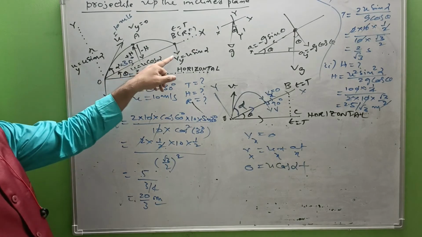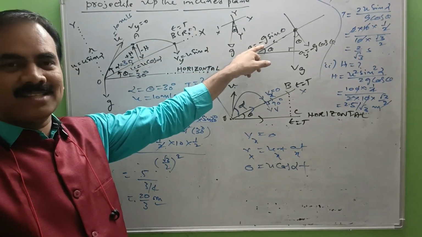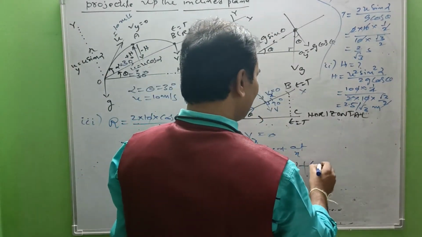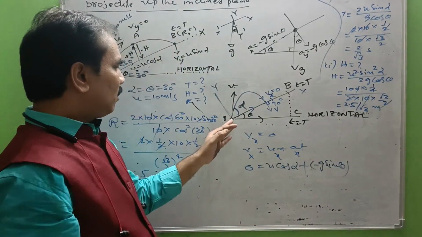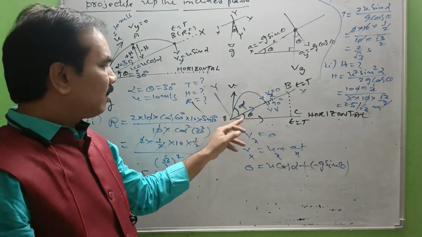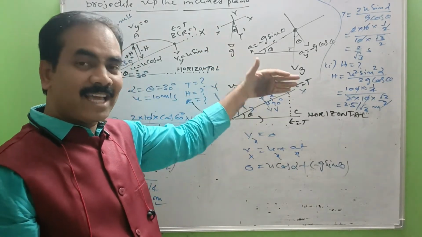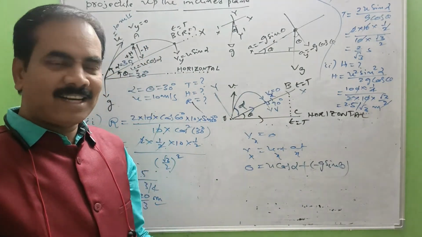As in the previous case, ax is minus g sin theta, the acceleration along the x-axis, into time. What is the time here? As the projectile strikes the inclined plane normally, the time elapsed is the entire flight, that is the time of flight.